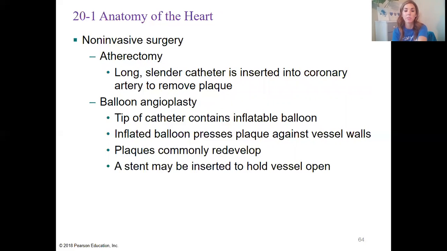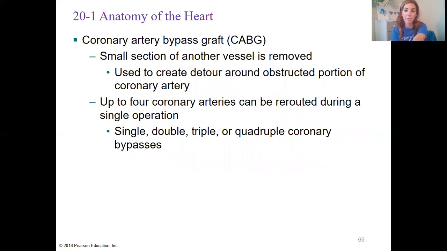Non-invasive surgery, there's a couple of different things that you can do, so I will let you read through those, as well as grafts. Grafts can utilize one vessel in order to create an opportunity for blood to flow around any obstructed portion of the coronary artery.